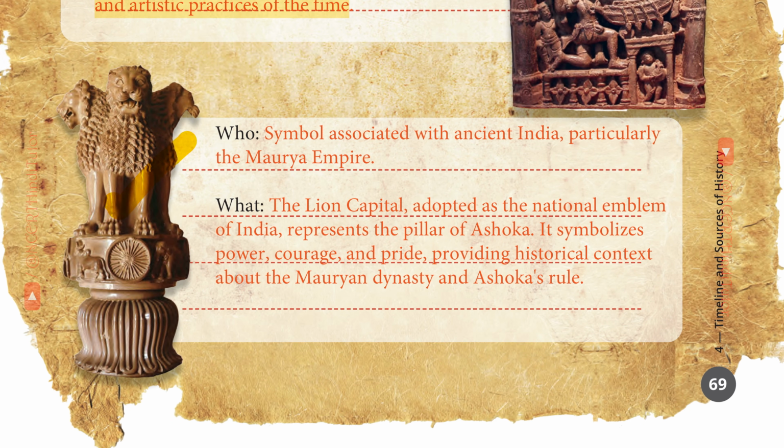Next, who: symbol associated with ancient India, particularly the Maurya Empire. What: the lion capital, adopted as the national emblem of India, represents the pillar of Ashoka. It symbolizes power, courage, and pride, providing historical context about the Mauryan dynasty and Ashoka's rule.